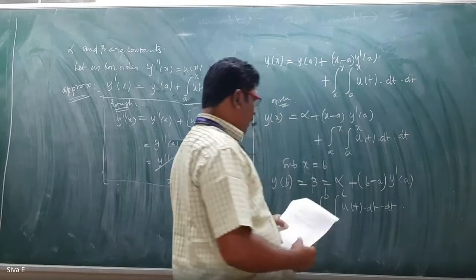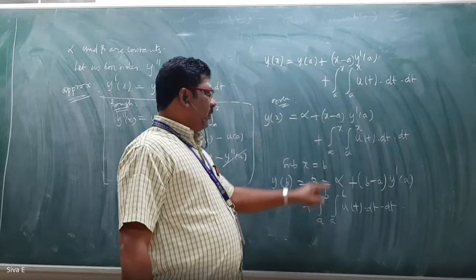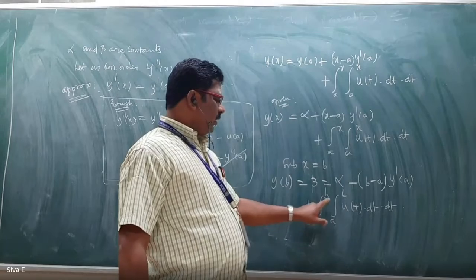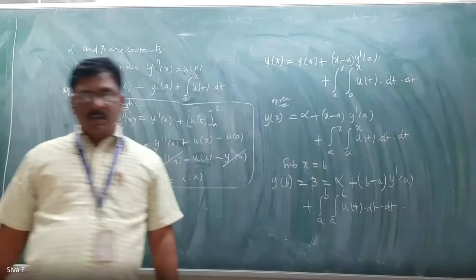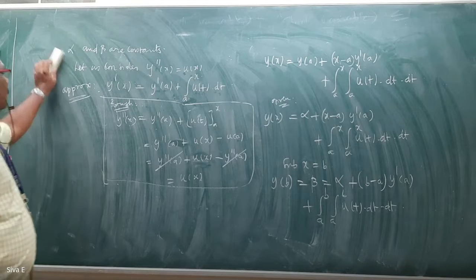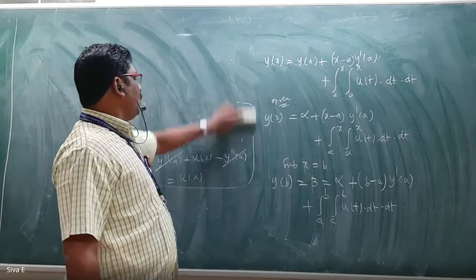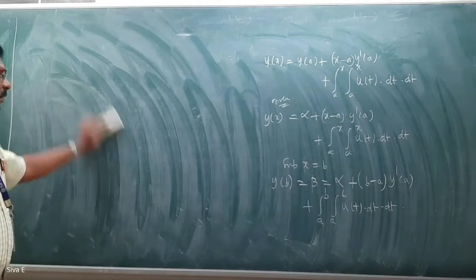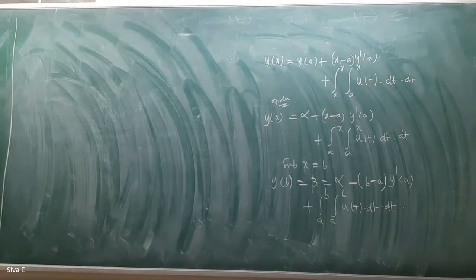But you can see that the limits are constants now. Before, the limits were variables, but here we are converting the limits to constants. Integral over a to b of u of t dt dt. We can find the unknown constant y dash of a.